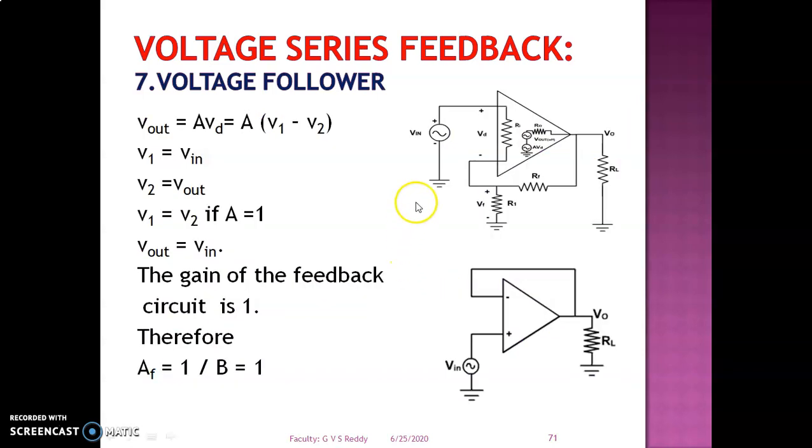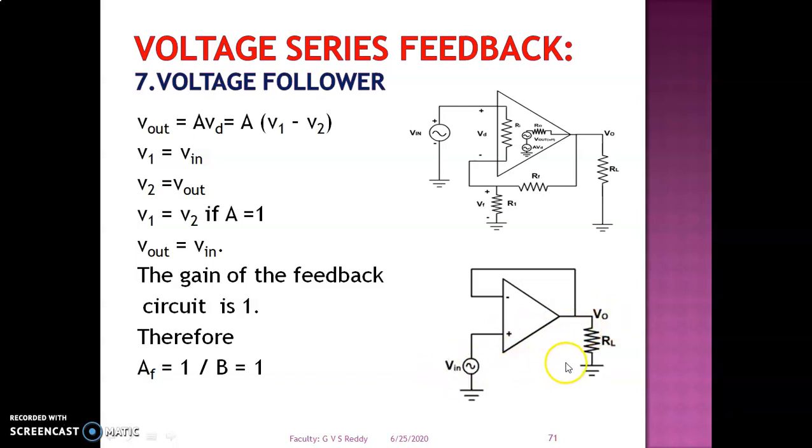See the diagram. So this is the actual circuit diagram. Here we should remove R1. The output voltage is exactly equal to input voltage. It means output follows input voltage.